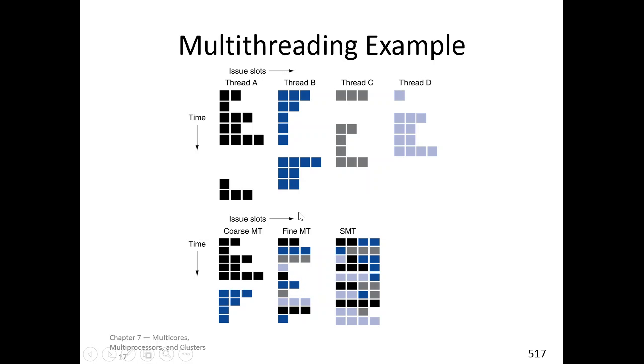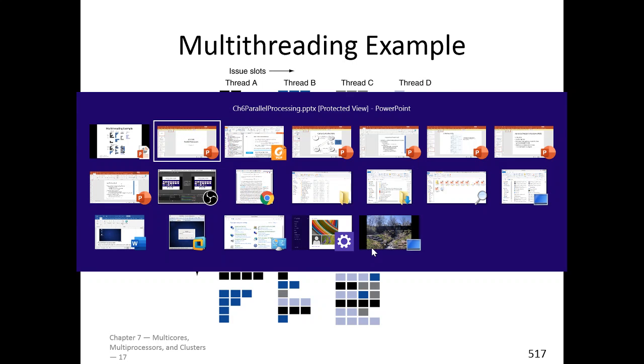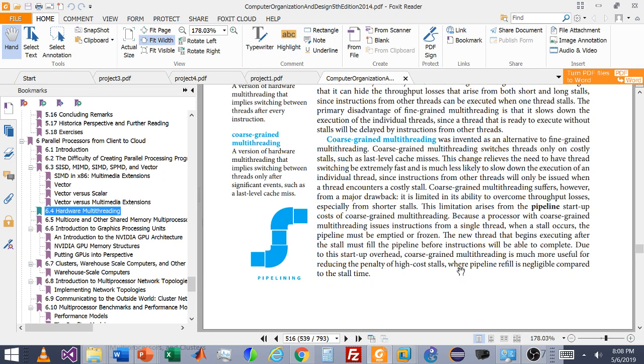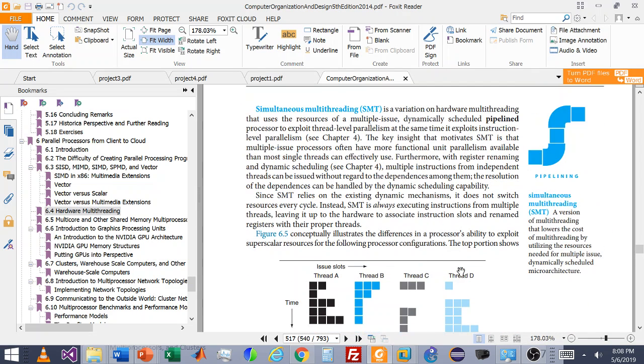Okay, and then finally we get this hybrid, which the book does a pretty good job talking about. So we're going to pull that up. It's called simultaneous multithreading. And similar to other hardware dependencies, now we depend on the hardware, as it talks about right here, to exploit instruction level parallelism and multiple issue processors.